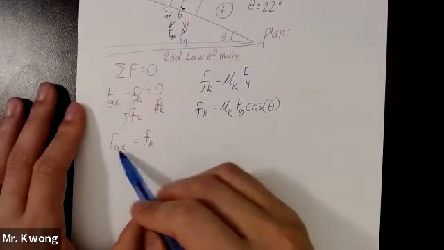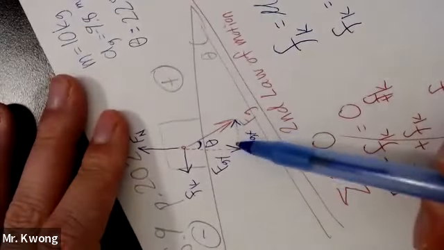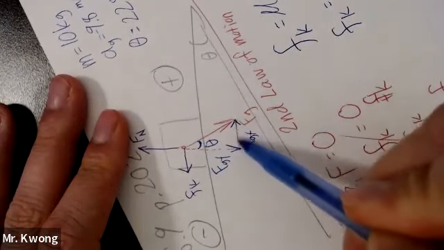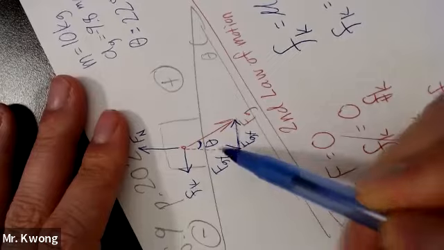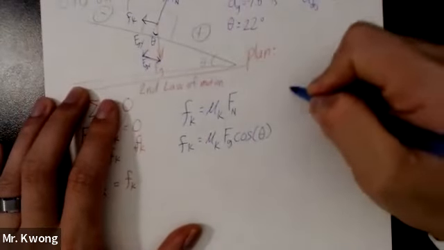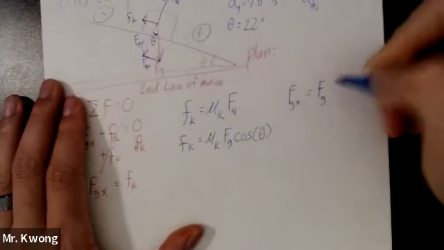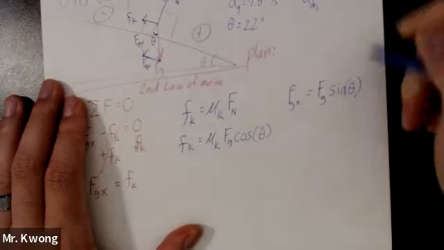And for F_g,x, notice here, if F_g,x is this side of the triangle, are we going to use sine or cosine if the angle is here, and we want to find out the value of this side length? Exactly, we want to use sine. So that means the force of gravity in the x direction is equal to the force of gravity times sine of theta.